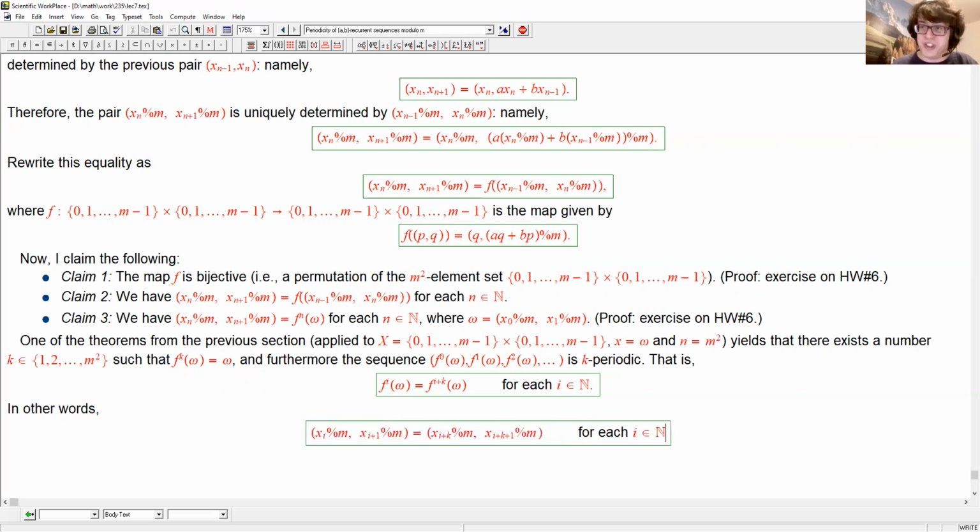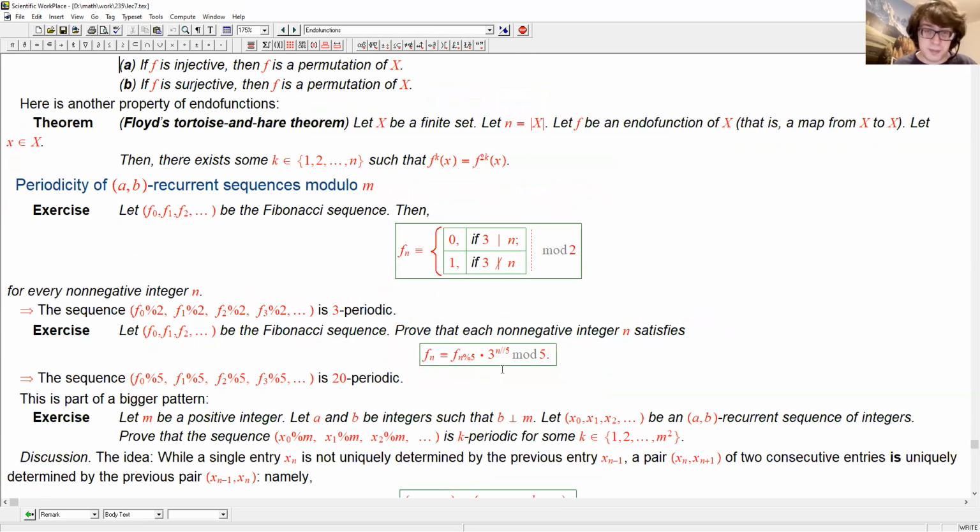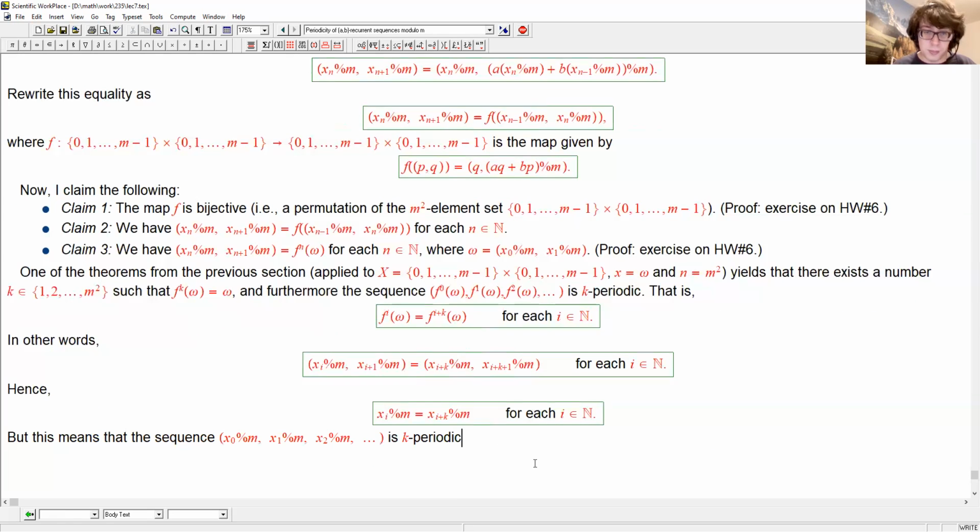And now two pairs are equal when their first entries are equal and their second entries are equal. So let's look at the first entries. This means that x_i percent m is x_{i+k} percent m for each i. But this means that the sequence of remainders is k periodic.